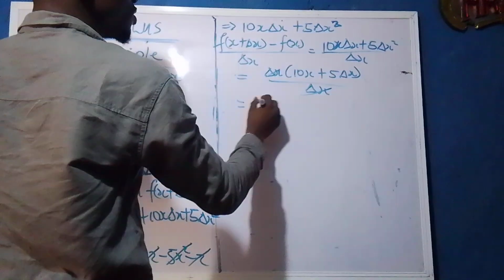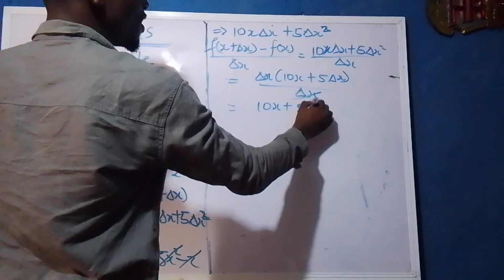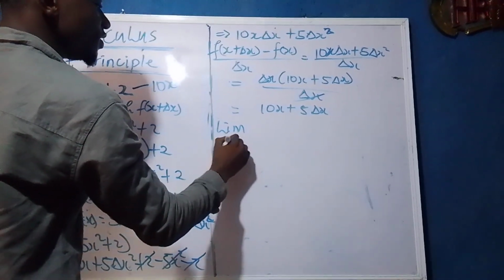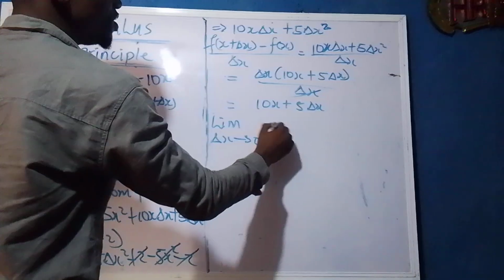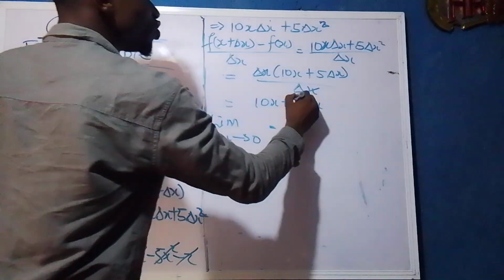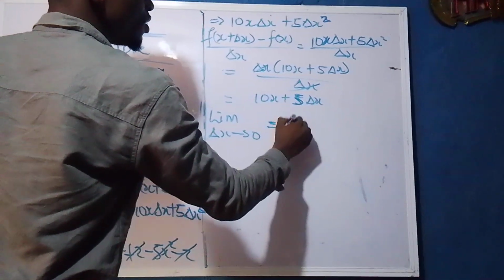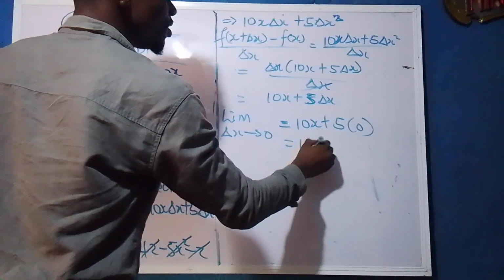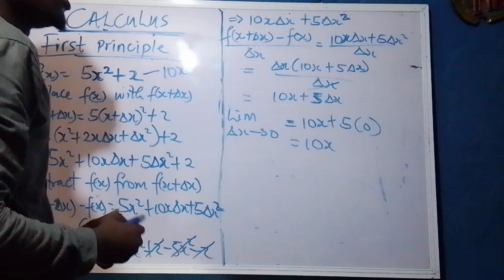So cancel out, that will be 10x plus 5 dx. So as usual, limit your dx to be 0, meaning anywhere you see dx you put 0. So that will be 10x plus 5 times 0, which is 10x, because 5 times 0 is going to give you 0.